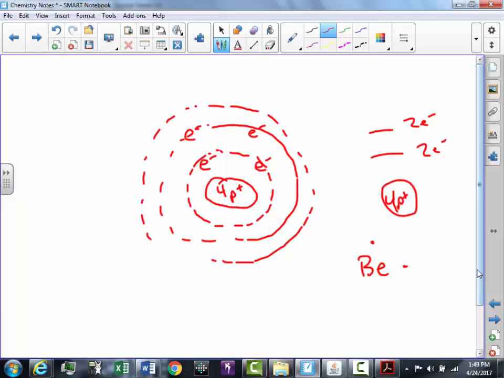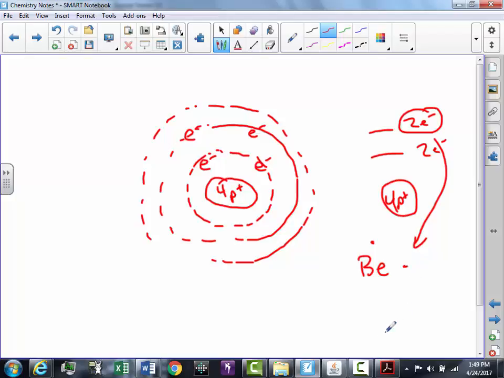I think I might have showed you this once before, but I don't know that I ever used the words for that. So these 2 dots refer to these 2 electrons. That explains why beryllium has a +2 charge, because it wants to get rid of these 2 electrons. If it gets rid of those 2 electrons, then it's lost the electrons, so it's +2.